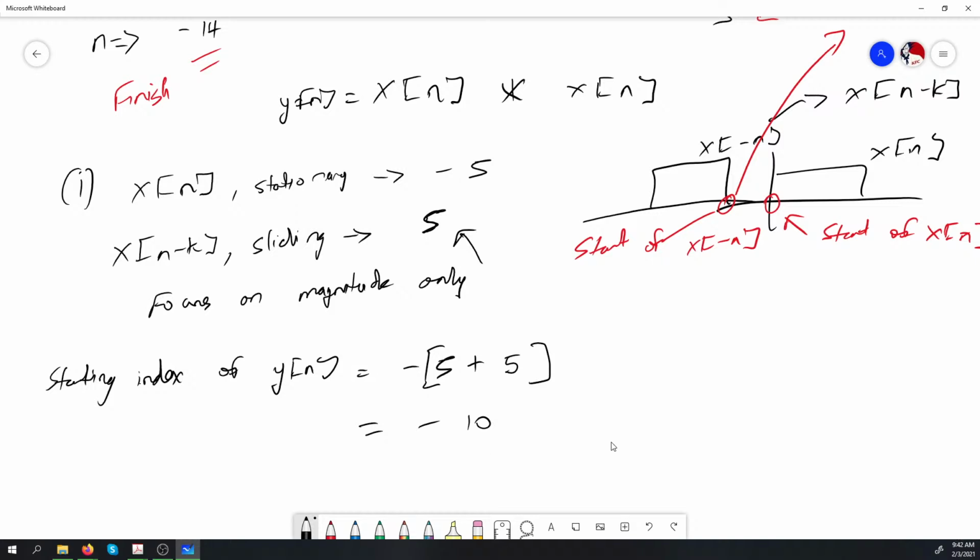Any particular questions as to how we got this -10? Or anything that needs to be cleared up?